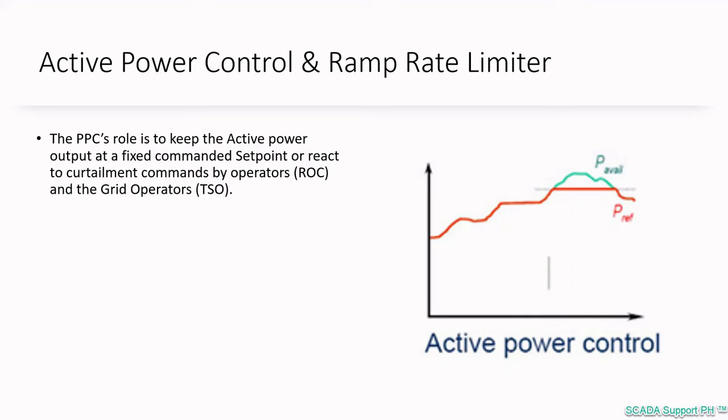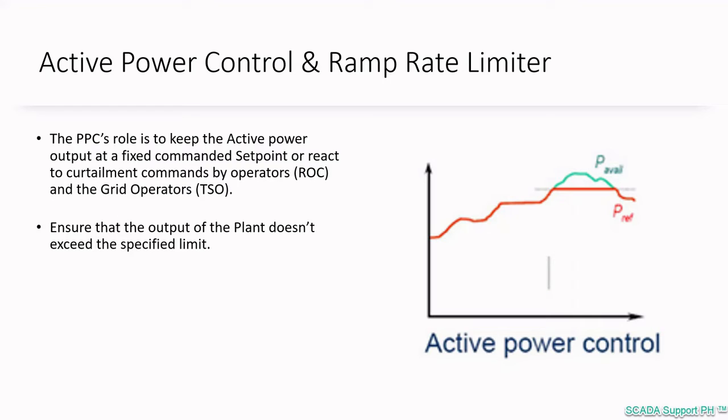The PPC's role is to keep the active power output at a fixed commanded set point or react to curtailment commands by operators and the load dispatching center. Typically, this is undertaken to prevent overloading of the distribution system. As long as this curtailment command is active, the PPC must ensure that the output of the power plant does not exceed the specified limit.